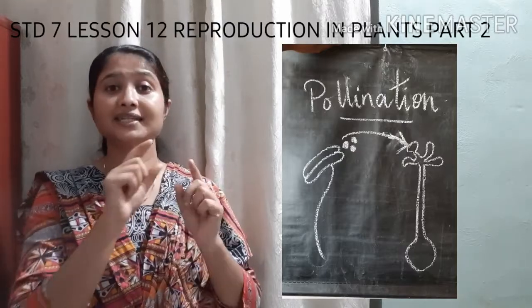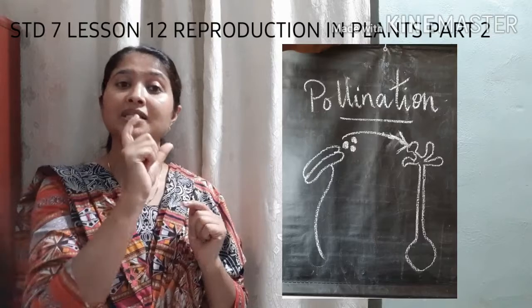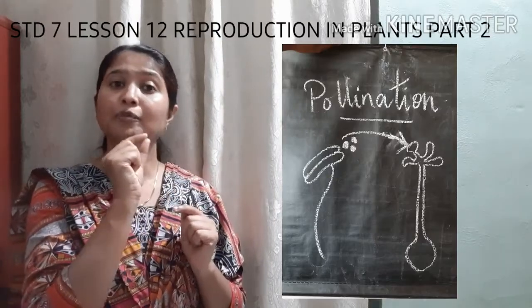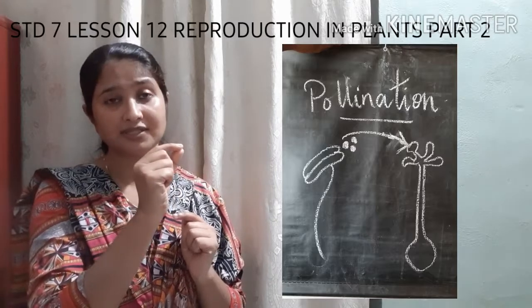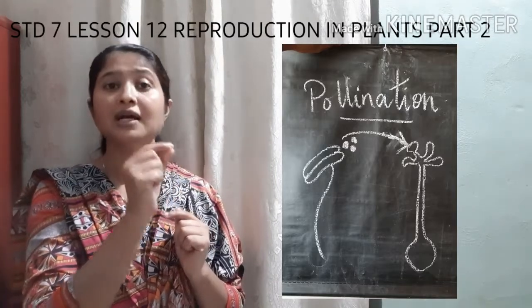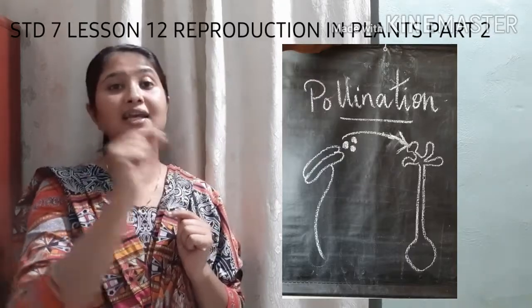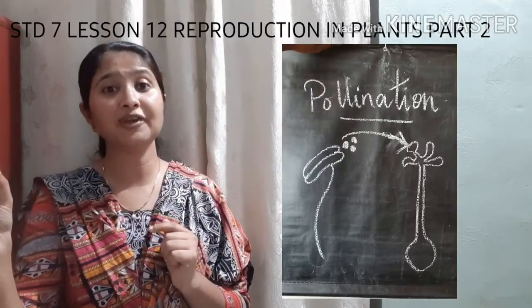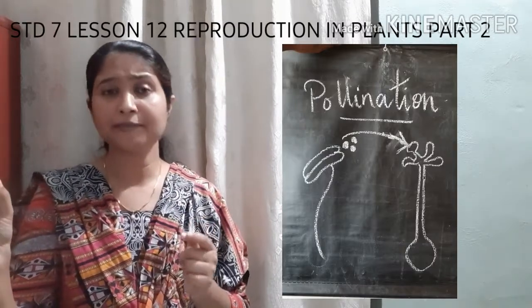I told you the stamen means it is having an anther and a filament. This anther is having the pollen grains, that is the male reproductive structures. Now this pollen grain will be reaching the stigma, that is the female reproductive part.